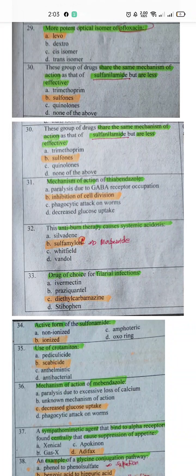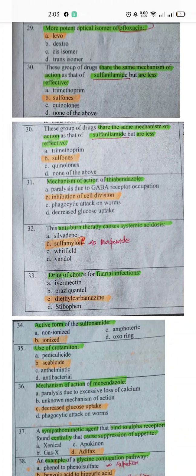Number 34, active form of sulfonamide is the ionized. So, the ionized salt form is the active form of sulfonamides. Number 35, the use of crotamidon.